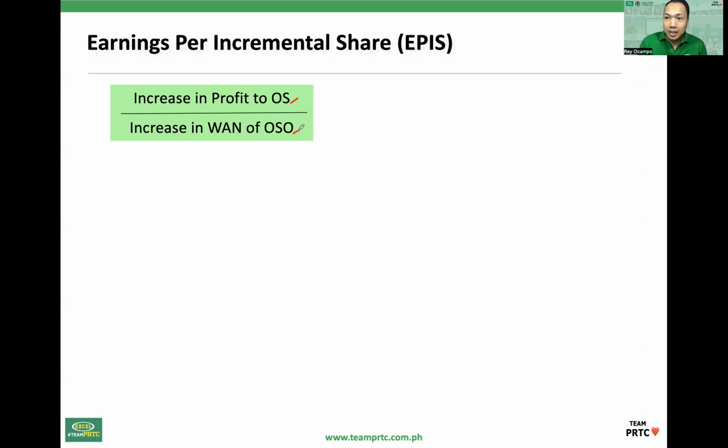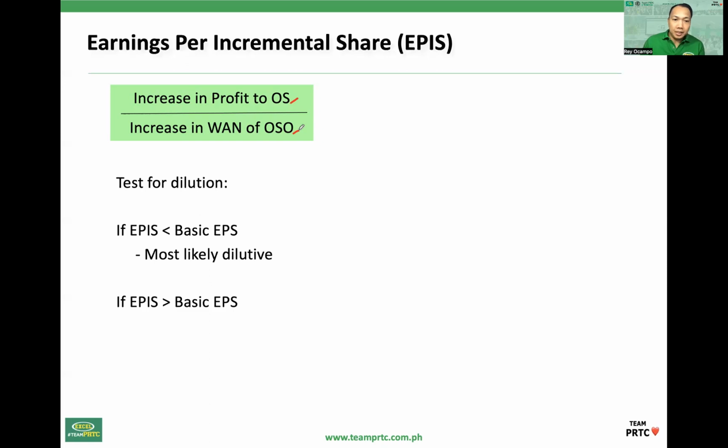Okay, so normally nga yung effect increase in profit to OS and yung denominator increase in number of OS. Now, the simple guide, if the EPS is less than the basic earnings per share, then most likely dilutive. Consider. Okay, the opposite is most likely anti-dilutive. Ignore.